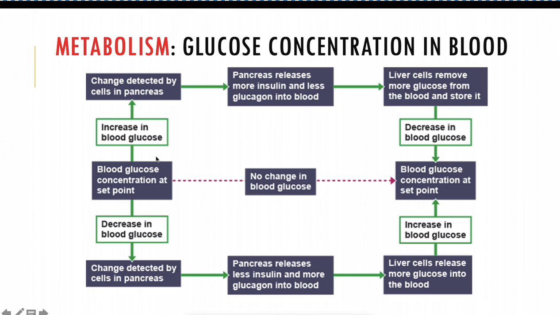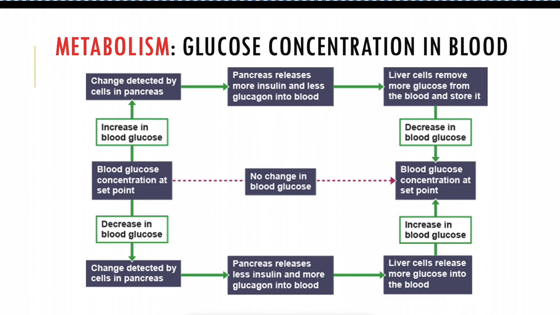Maybe you have eaten a lot of milk and chocolate, and there is an increase in blood glucose in your body. The change is detected by cells in the pancreas. The pancreas releases more insulin and less glucagon into the blood. Liver cells remove more glucose from the blood and store it. Then there is a decrease in blood glucose, so blood glucose concentration is at the set point once more.